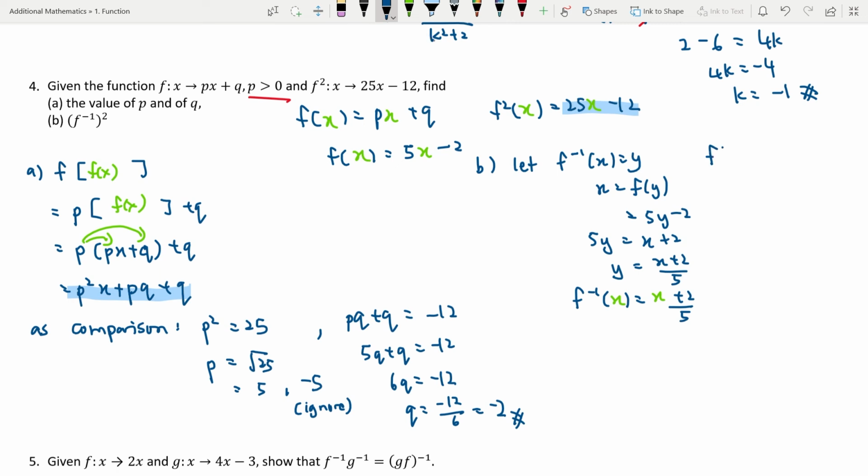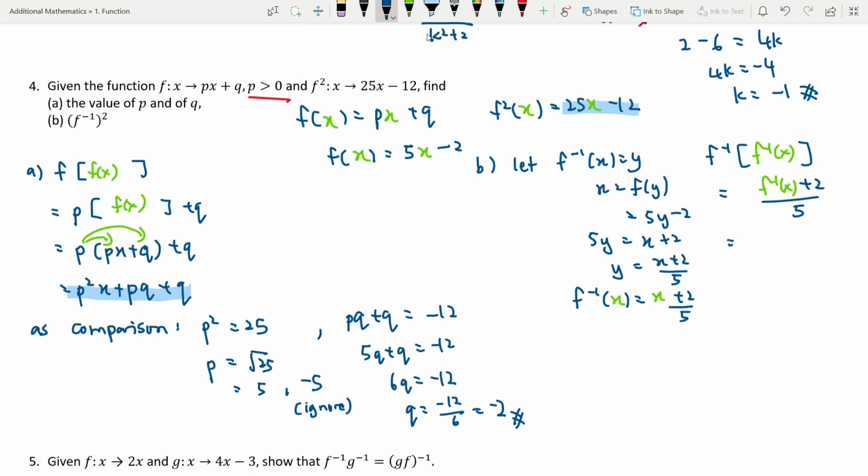We need to find f inverse of f inverse x. We substitute f inverse into the f inverse. We get f inverse of x plus 2 over 5.